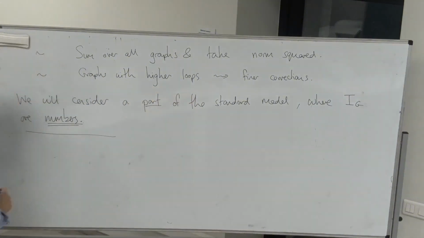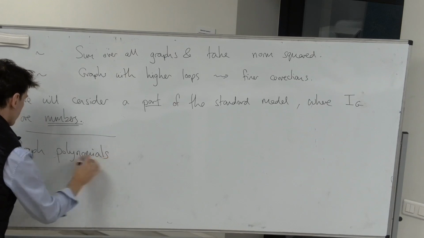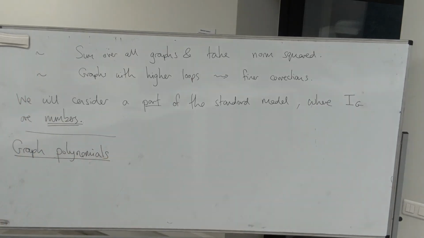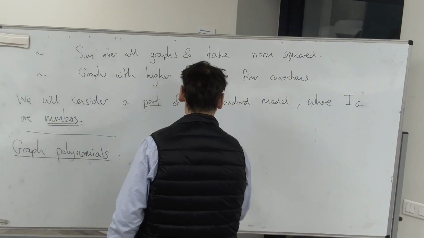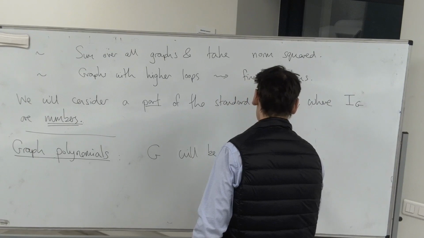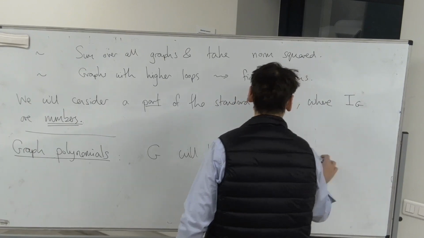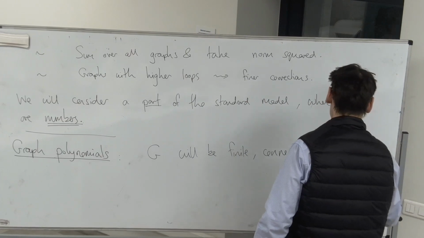So we're going to assign numbers to graphs. To do that, we need what are called graph polynomials. So we're going to write down some graphs and write down some integrals associated to graphs. In the theory we're going to look at, the graphs G will always be finite. They're always finite in this business. They will be connected. And they are usual graphs, so they have only one type of edge.